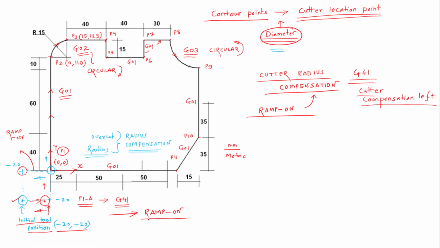The meaning of ramp on: you approach the contour with cutter radius compensation on in safe mode, and to come out from the contour by completing all the operations without leaving any uncut portion from the contour, by a distance of minus 20 along the x direction.